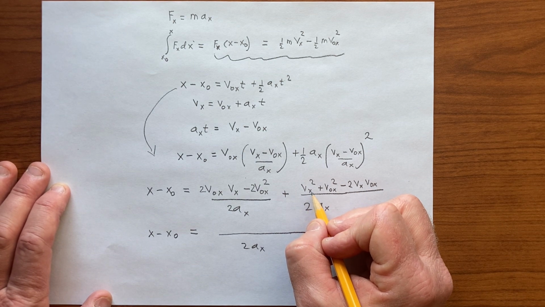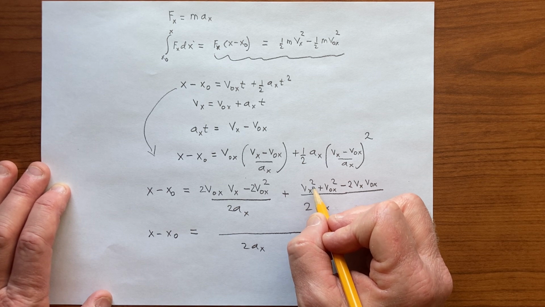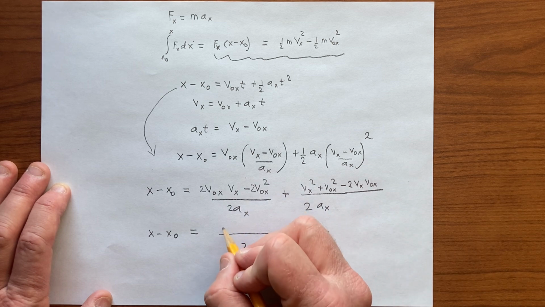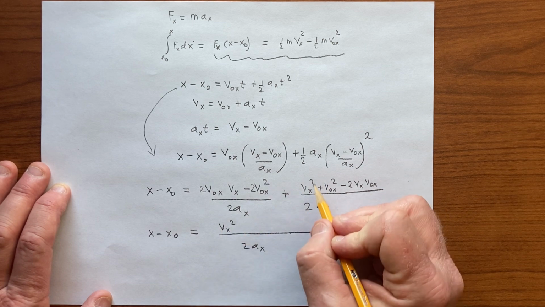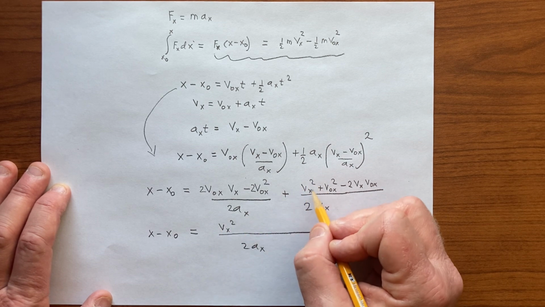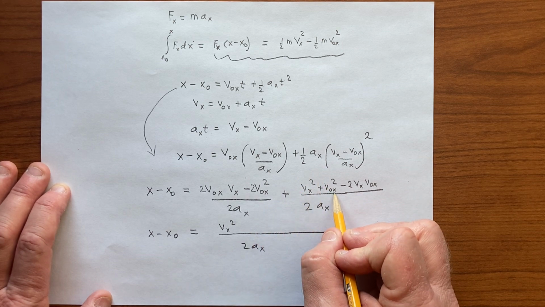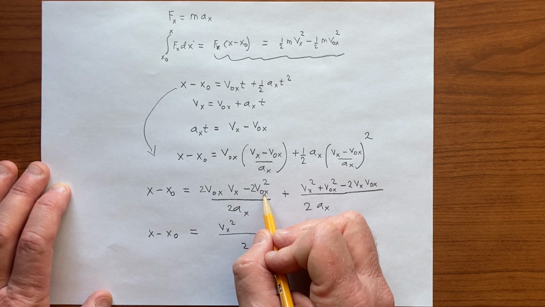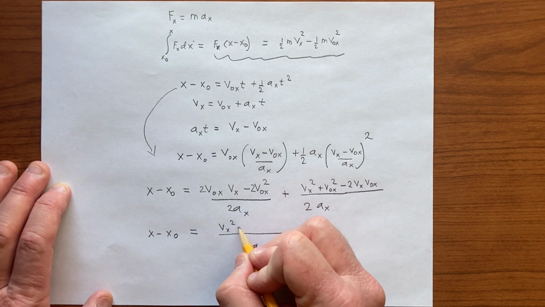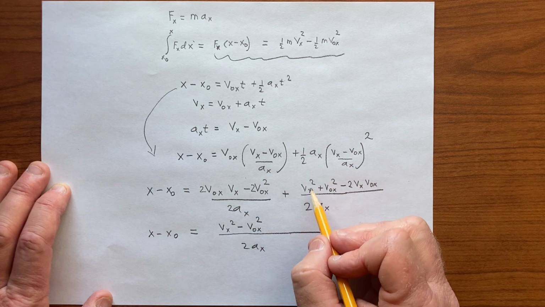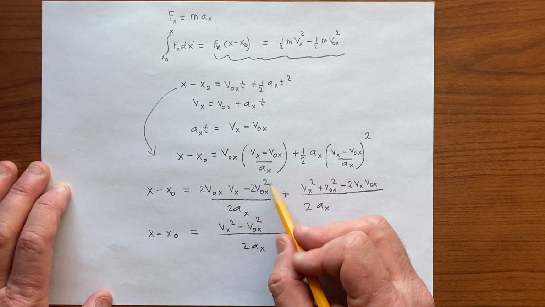And now I have vx squared, I have no other vx squared, so I have vx squared. Got rid of this term. I have v naught x squared minus 2 v naught x squared. So that's minus v naught x squared. So I've gotten rid of this and this.